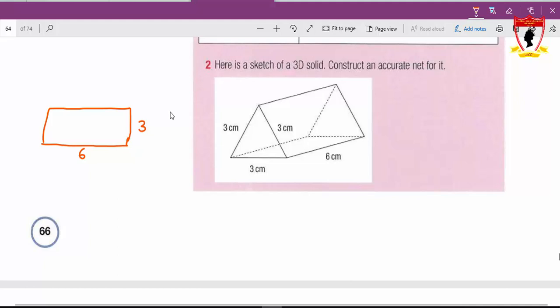Then the base is connected to 2 rectangles. This one is also 3 by 6 and this one on the other side. So the base is connected to 2 more rectangles, same size, 3 by 6.